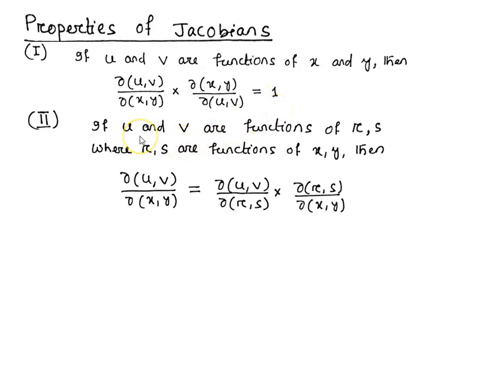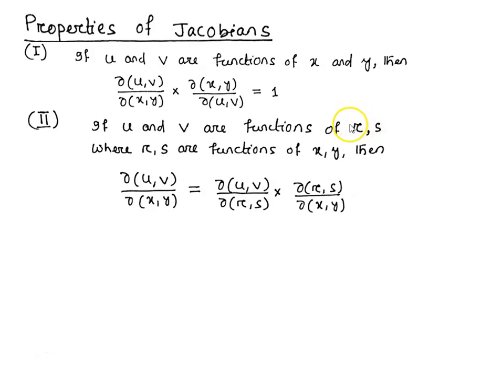Now the second property of Jacobians is, if u and v are functions of r and s, where r and s are further functions of two variables x and y, then the Jacobian of u, v with respect to x, y is the Jacobian of u, v with respect to r, s into the Jacobian of r, s with respect to x, y. Here u, v are two functions of two variables. u is a function of r and s, similarly v is a function of r and s.